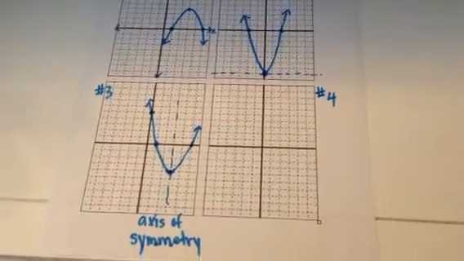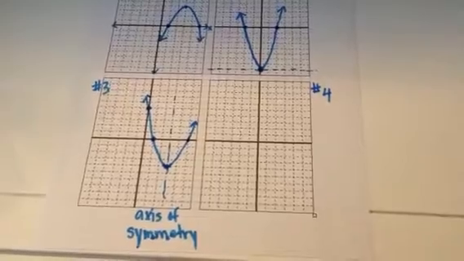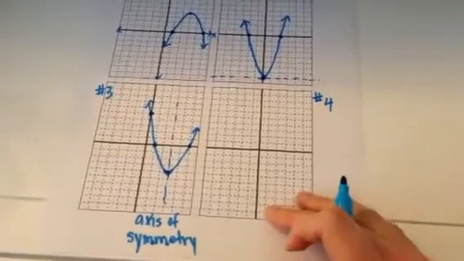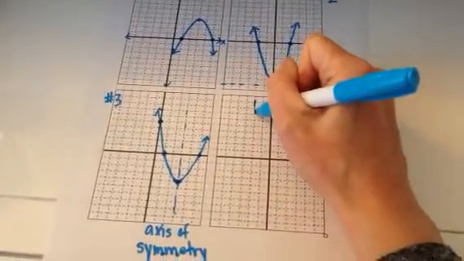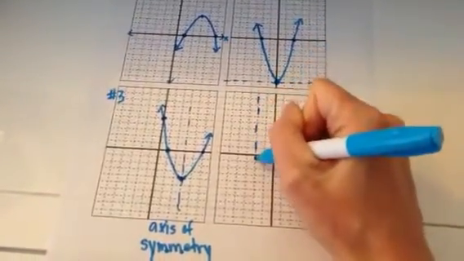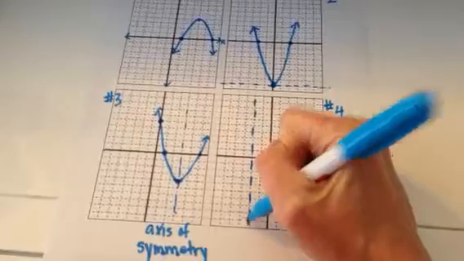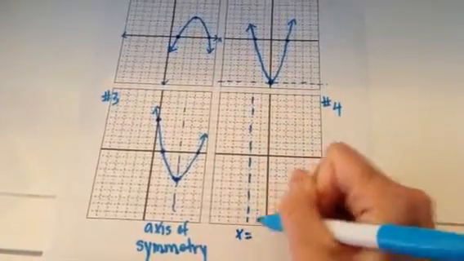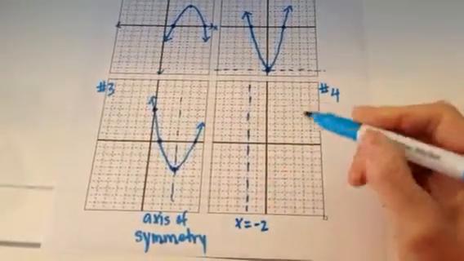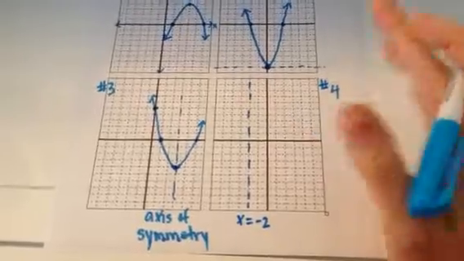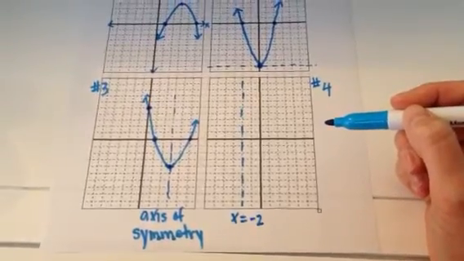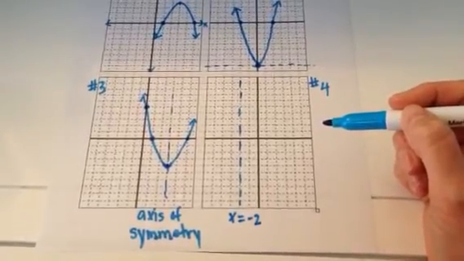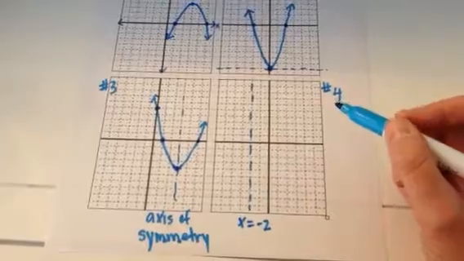Okay. Parabola number 4, last one here. Draw the parabola with an axis of symmetry of x = -2. So -2 is right along here. X = -2 is the axis of symmetry, so we know our parabola is going to be the same on either side of it. It also has an optimal value of -3.